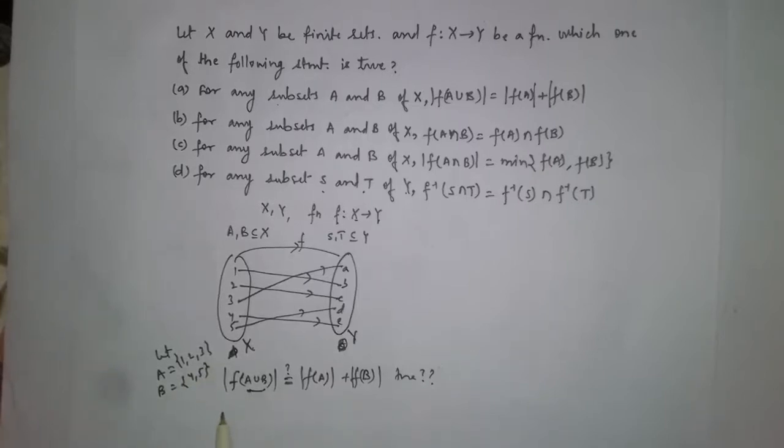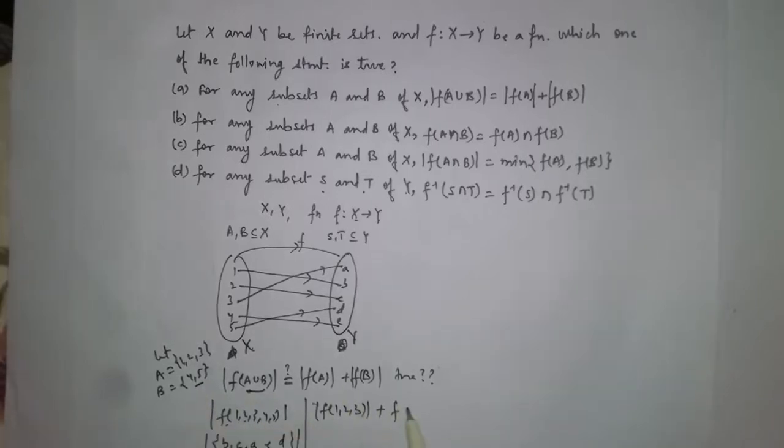So A ∪ B is {1, 2, 3, 4, 5}. f of {1, 2, 3, 4, 5}: 1 is b, 2 is c, 3 is a, 4 is e, 5 is d. The cardinality is 5. On the other hand, f(A) is f({1, 2, 3}) cardinality plus f(B) is f({4, 5}) cardinality.